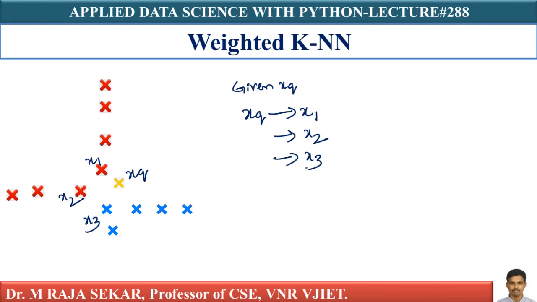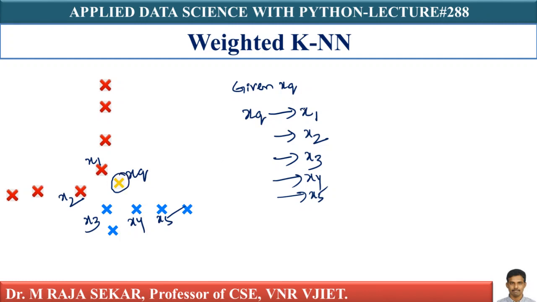Let me assume x3 is my third nearest neighbor, x4 is my fourth nearest neighbor, and x5 is my fifth nearest neighbor. All these are neighbors of my query point xq.